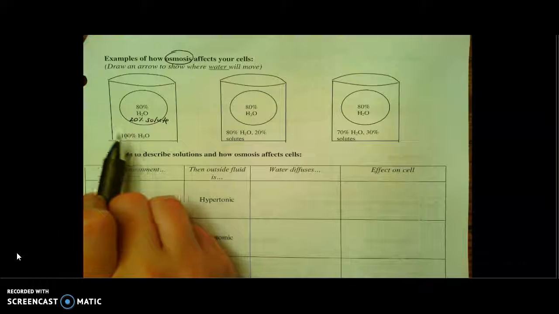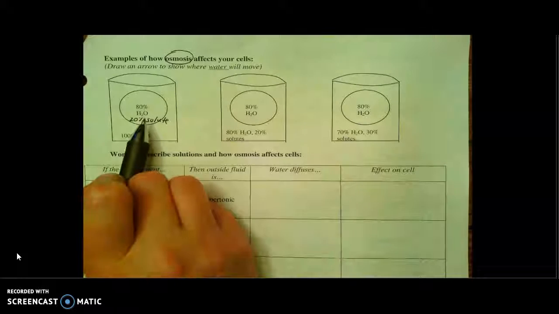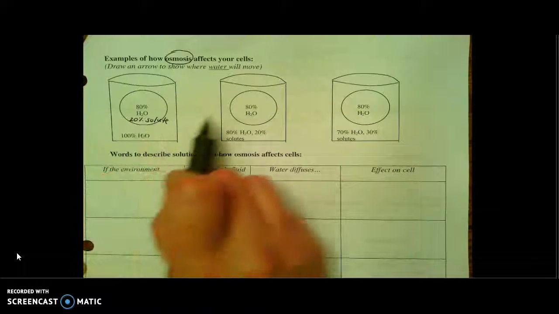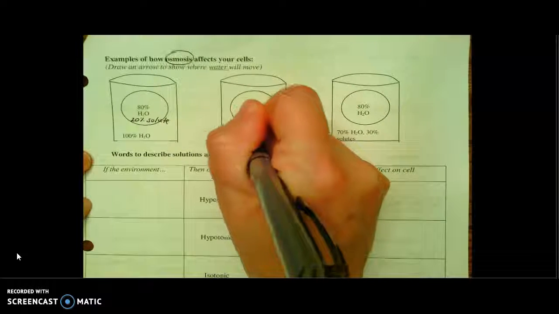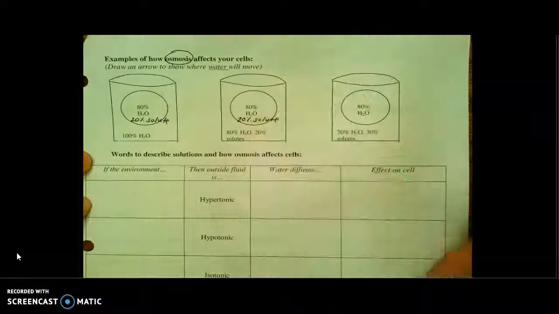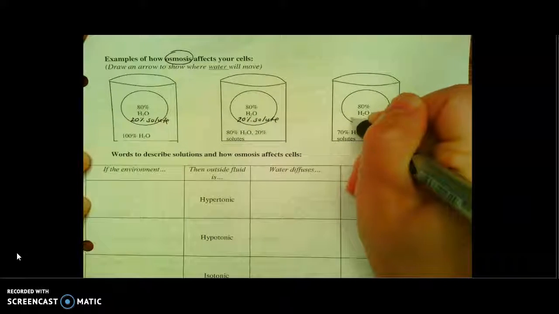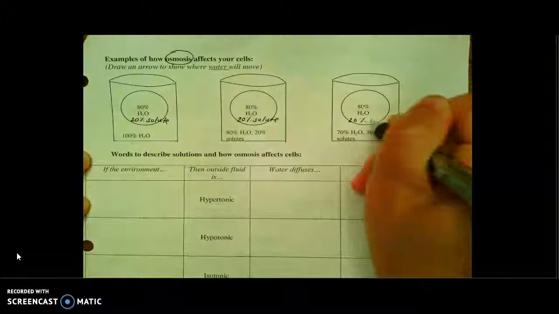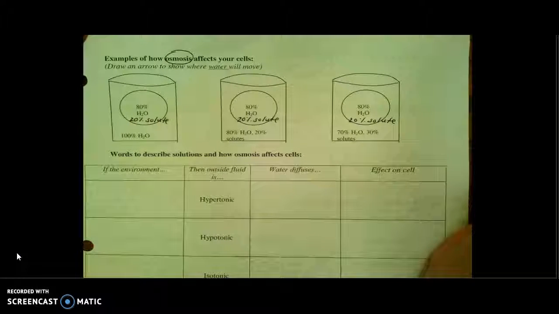The value in the environment has to add up to 100, and the environment in the cell has to add up to 100. As we look over here, we've got 80% water in the cell, therefore 20% solute in the cell. And over here, 80% water in the cell, therefore 20% solute in the cell. It's nice to have all those values so we can really think about where this water is going to move.